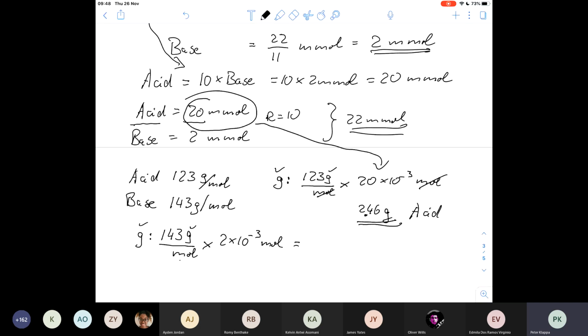No, you need to be careful. You can't divide it by 10 because they've got different molecular masses. If they had the same molecular mass, you could do this trick, but you can't. So you would get 0.286 gram base.